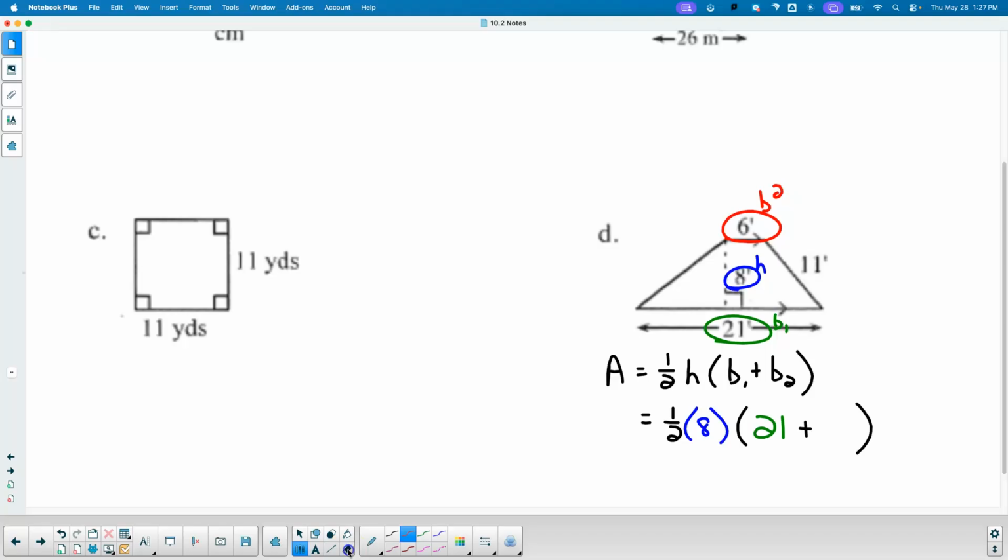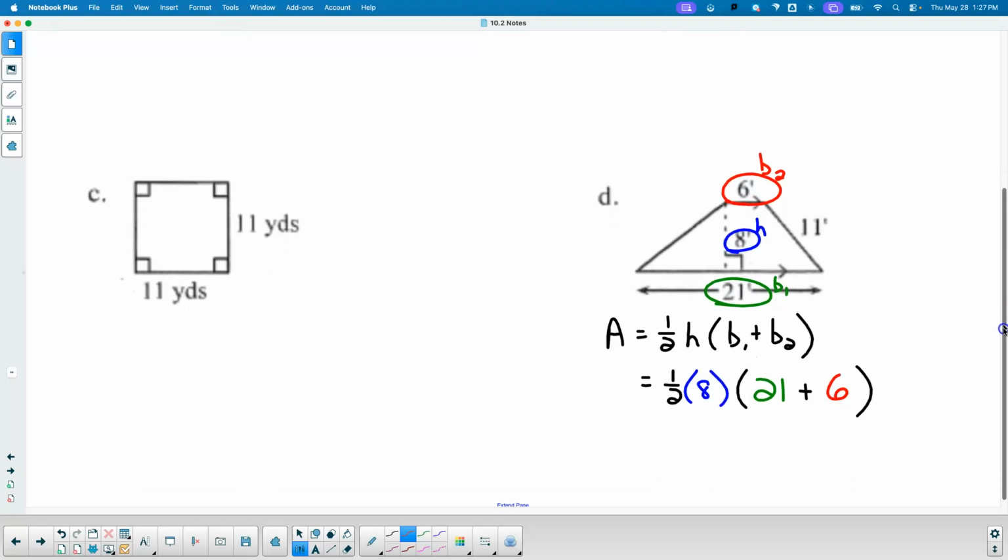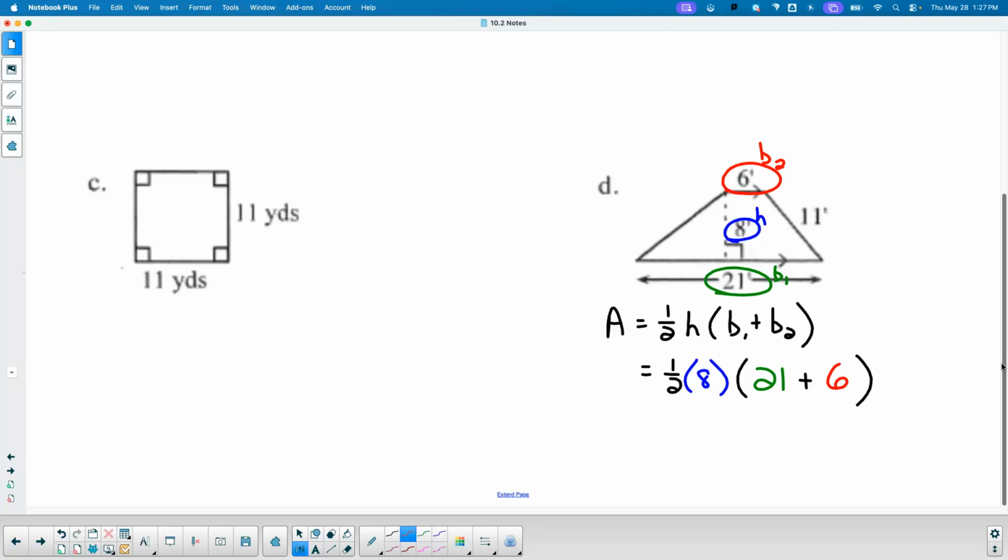Oops, I almost put b squared. Does it matter which one's b1 and which one's b2? Does not matter. Oops, I forgot to put 6 there. 21 plus 6 is 27.